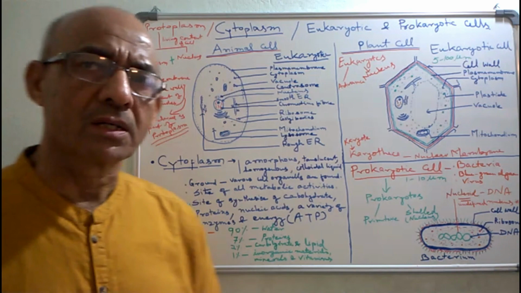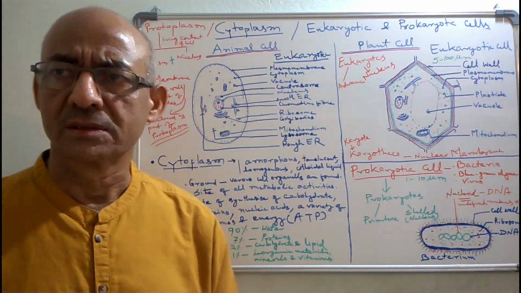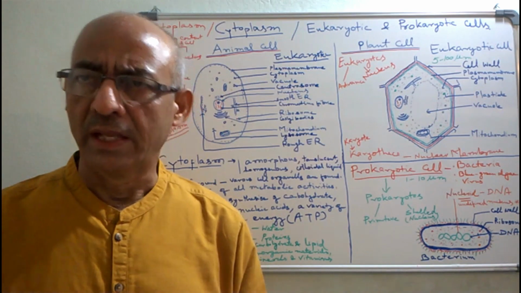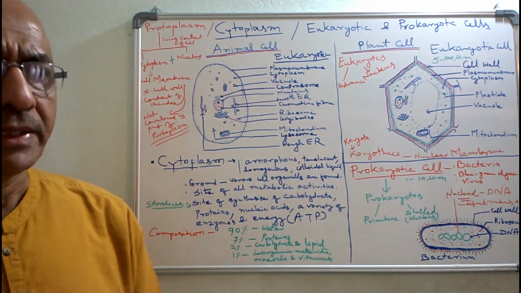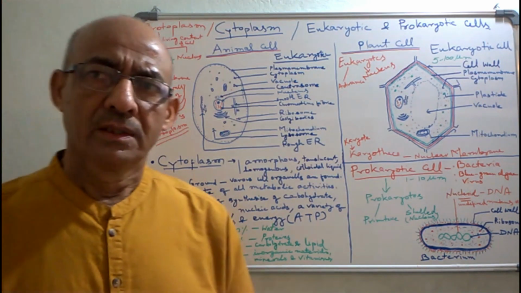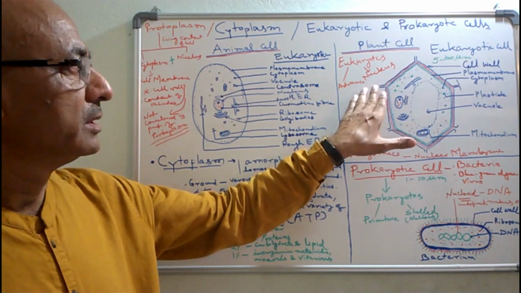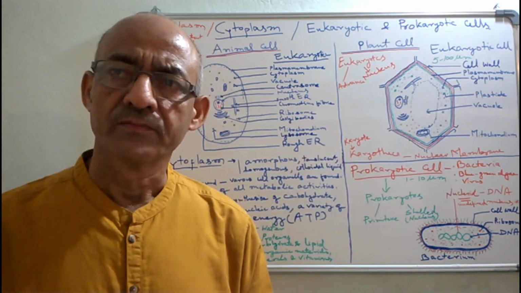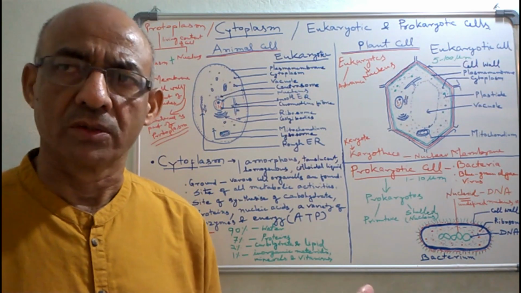Here examples are all the higher plants, animals, amoeba, algae, fungi. These are the examples. And the organisms which have such types of cells, eukaryotic cells, are called eukaryotes.